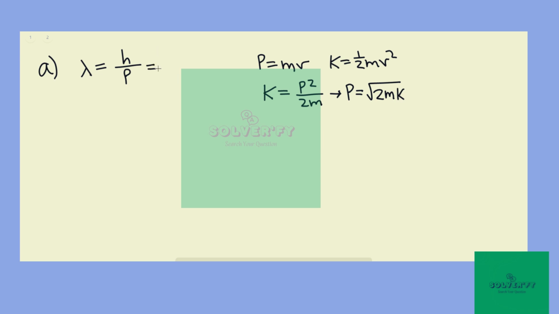Plugging this into the de Broglie wavelength formula, we can get a numerical result. Lambda equals 1.94 times 10 to the negative 10 meters.